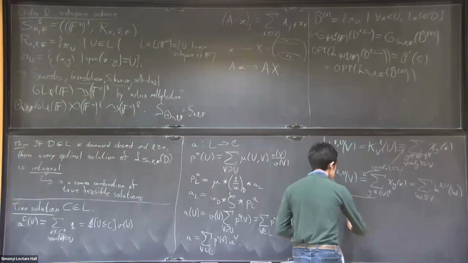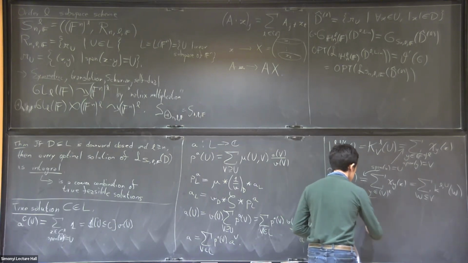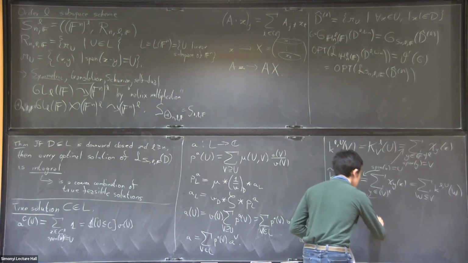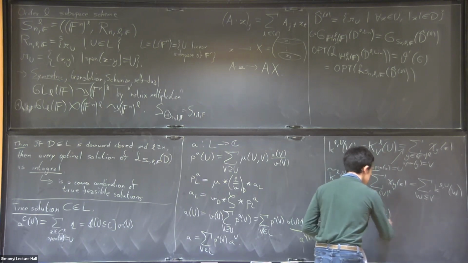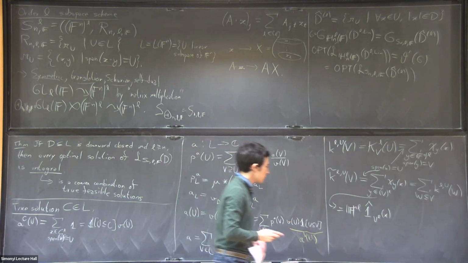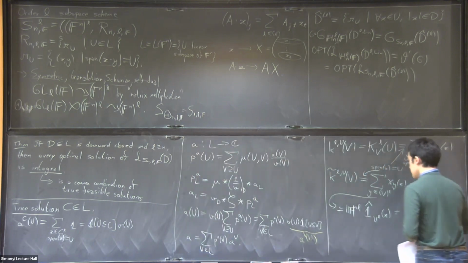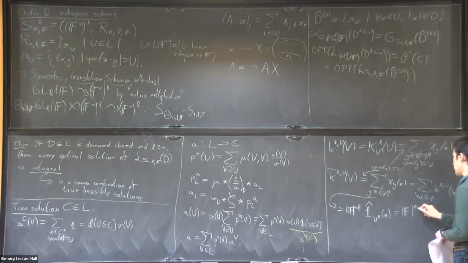Well, this is just f to the n to the L times the Fourier transform of the code V to the L evaluated at x, right? Which is very easy to compute, because this is just the Fourier transform.